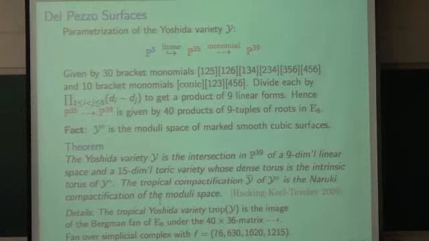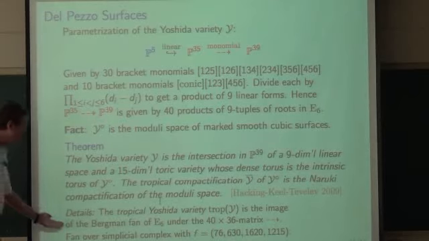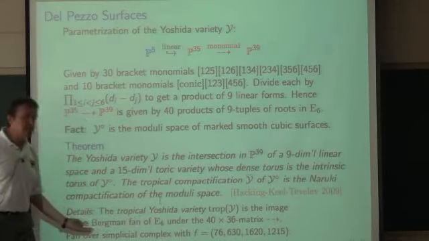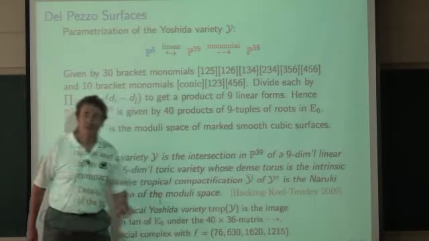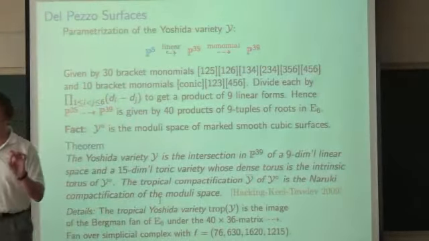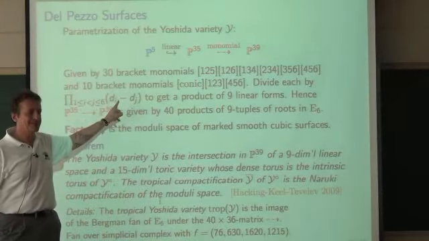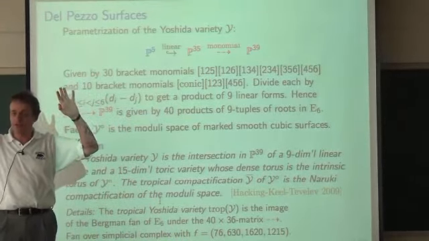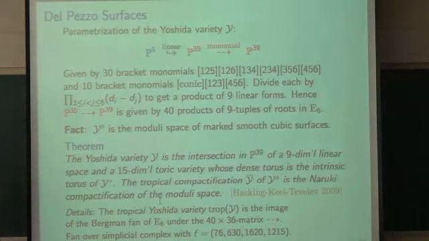And here's a little bit of fine print. The tropical Yoshida variety is the image of the Bergman fan, the structure on the previous slide, under the linear map given by the 40 by 36 matrix, that 40 by 36 matrix. Okay, I have this 5-dimensional Bergman fan, I map it in, and I get a 3-dimensional cone.